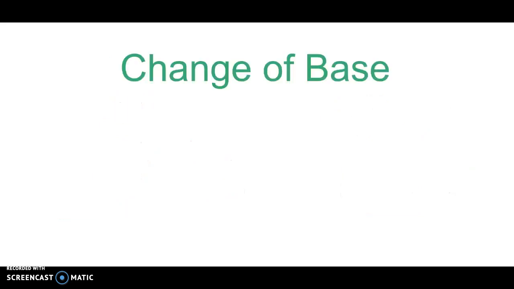Let's talk about change of base. Change of base can be really useful, especially when we're using our calculator. So, when we have a log with some kind of base, log base a of b, if it's the common log, remember the common log is base 10, or the natural log, which is base e, we can type it in directly. If it's not one of those two things, change of base could be useful in terms of plugging it into the calculator.